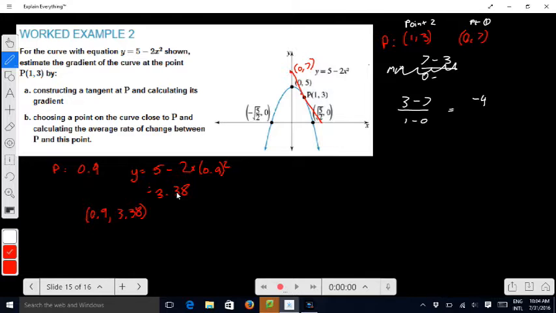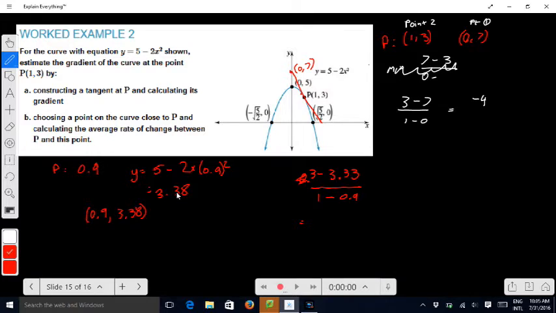We can calculate the average rate of change as our final position, which was 3 take 3.38, over 1 take 0.9.